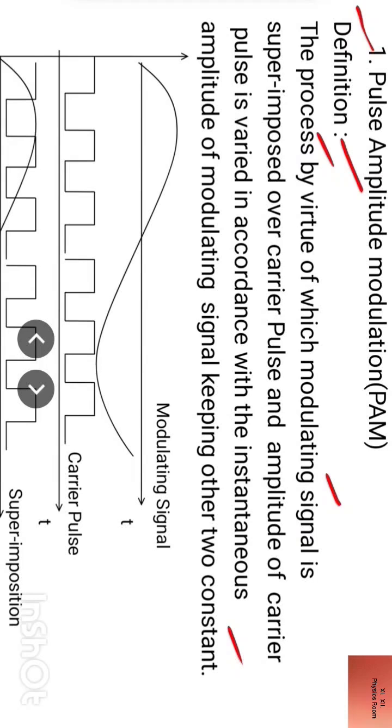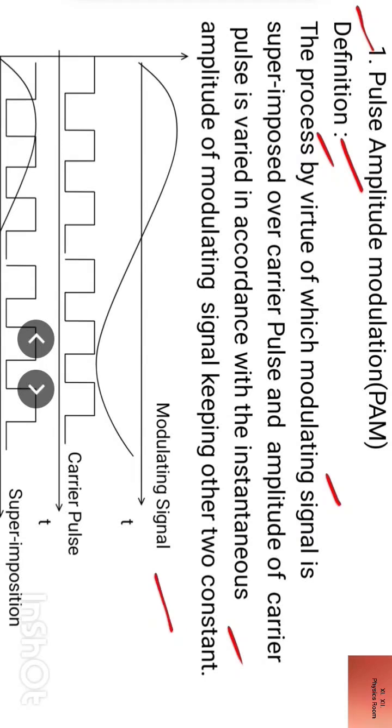I repeat, the process by virtue of which a modulating signal is superimposed over a carrier pulse and the amplitude of the carrier pulse is varied in accordance with the instantaneous amplitude of the modulating signal, keeping the other two parameters constant.